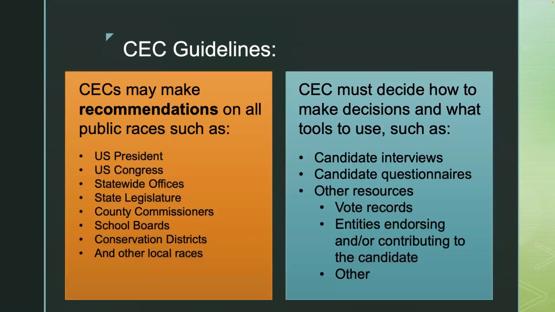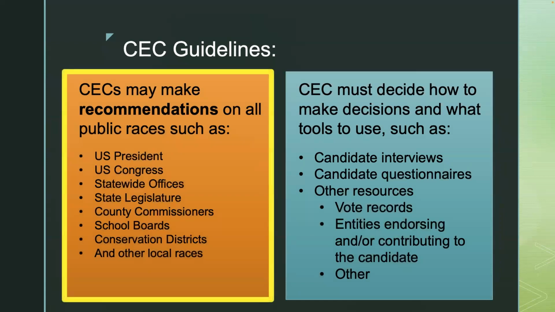So speaking of that, CECs again can make recommendations on all public races. I mean, you can go from president, Congress, statewide offices, state legislature, county commissioners, school boards, conservation districts, etc. But the important thing to remember is the focus of a CEC is to recommend candidates who are pro-agriculture and are going to be working to make a positive influence and difference on the agriculture industry within that area or region or county.